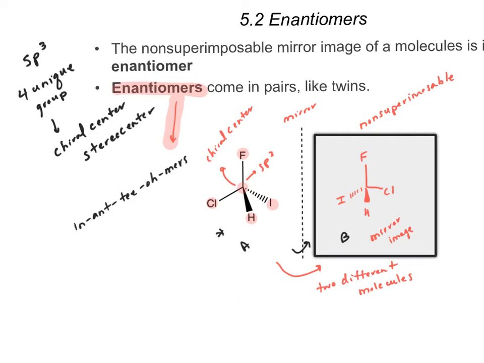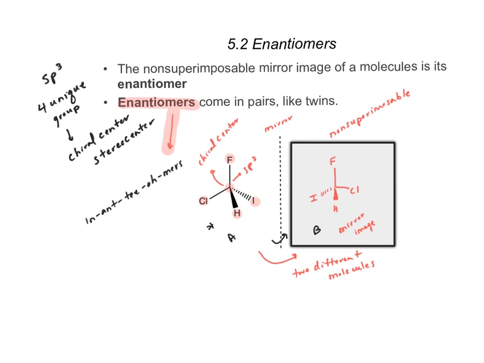Because of that, enantiomers have to come in pairs. If you have a mirror image that's non-superimposable with respect to the original, that's your enantiomer. So for an sp3 hybridized carbon, if we get a chirality center, that molecule is going to have one distinct enantiomer, one distinct non-superimposable mirror image, okay?